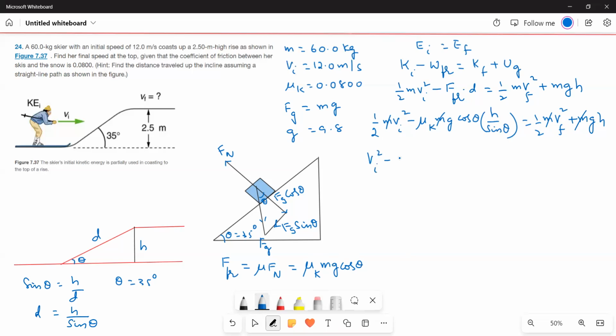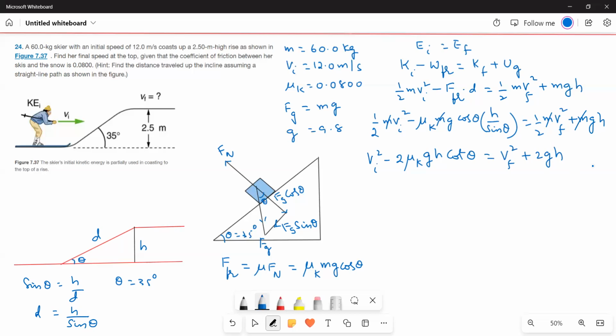So vi square minus 2 mu k g h times cos theta by sin theta, which is cot theta, is equal to vf square plus 2gh.